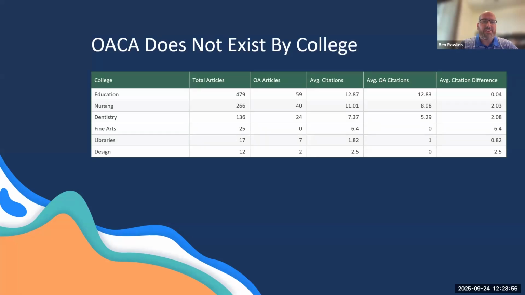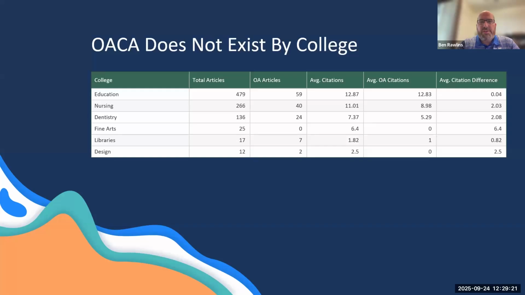In areas like fine arts, research outputs can often take different forms, such as performances, exhibitions, or creative works other than traditional journal articles. It could be that because journal article publishing is less central in these disciplines, OA publishing might be less common, which helps to explain the lower citation advantage observed in these colleges.